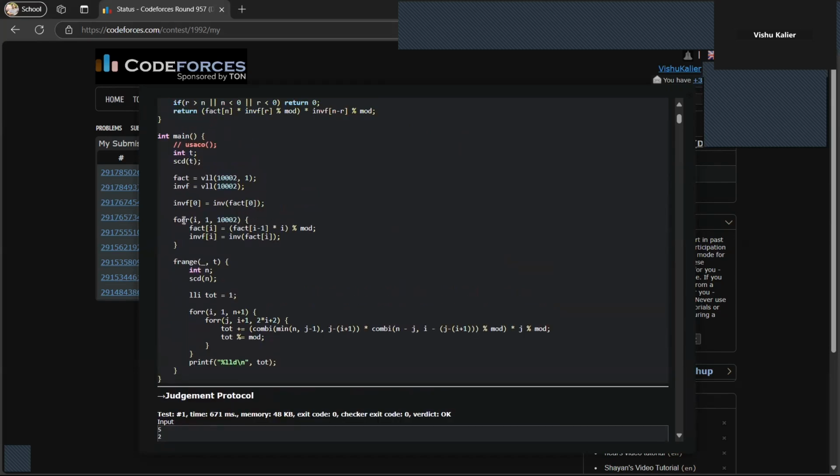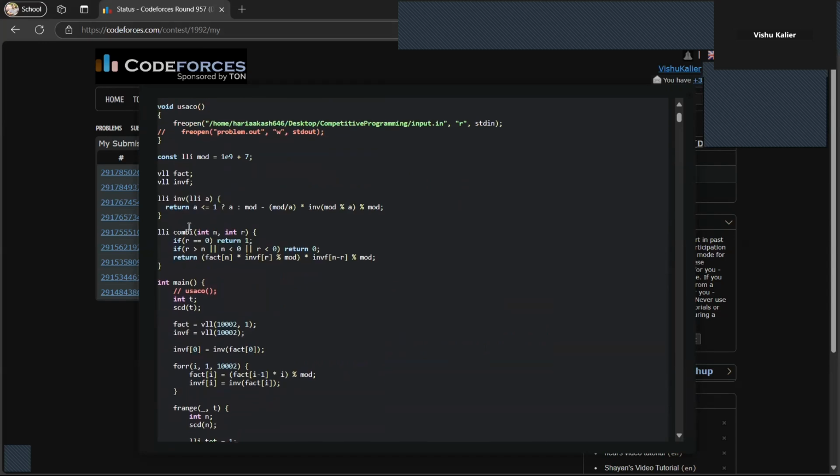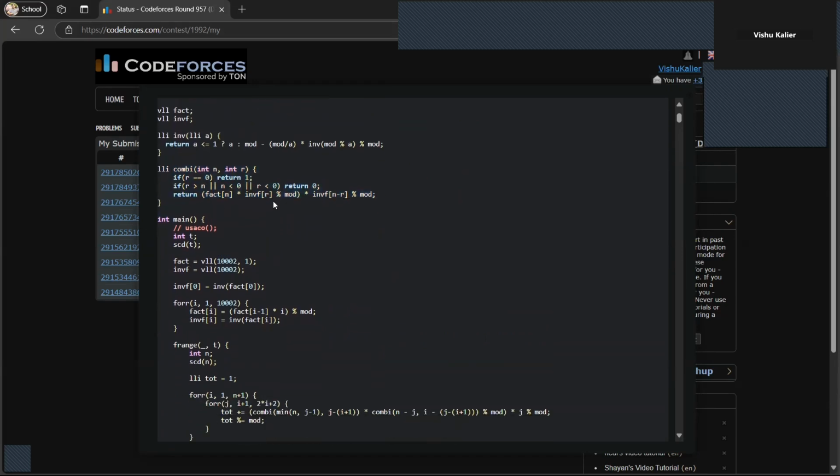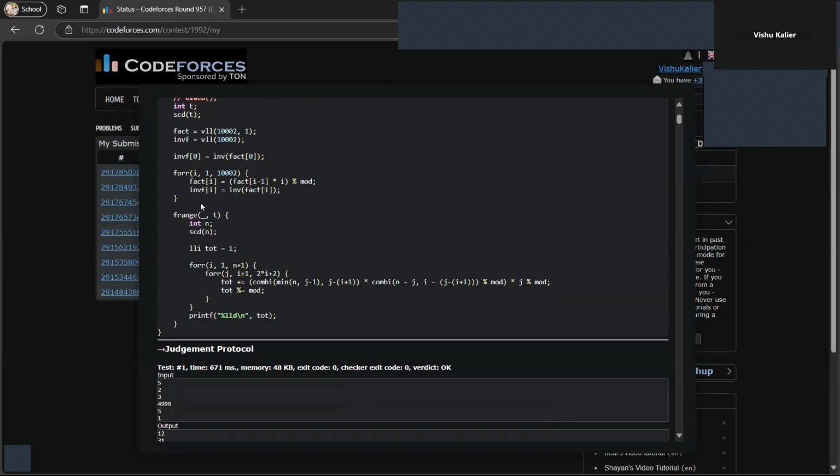Since we need to evaluate the nCr, these two functions I used to evaluate the combination values for the given values of n and r, and for that I did the inverse array for storing the denominator and factorial for storing the numerator, and then did the mod with them as required in the question. Then this was the function which was run for the t test cases.